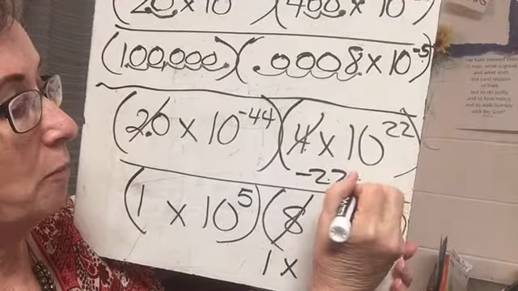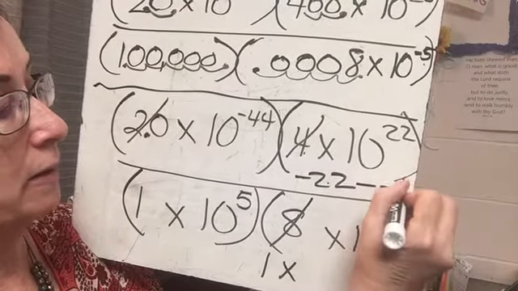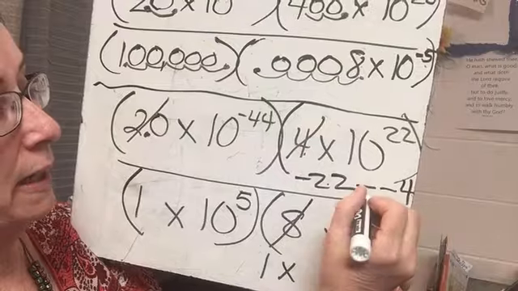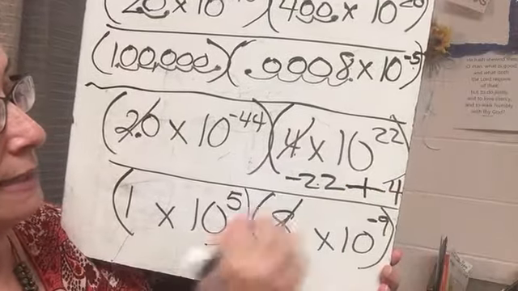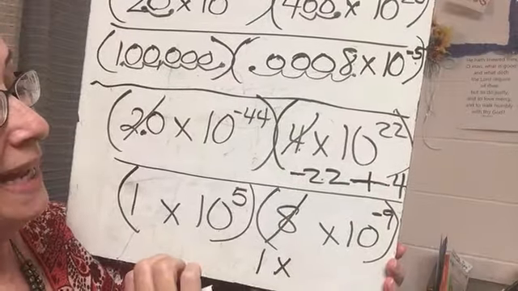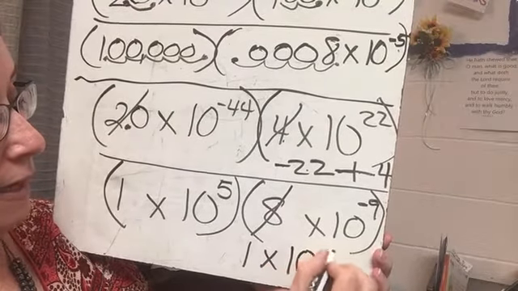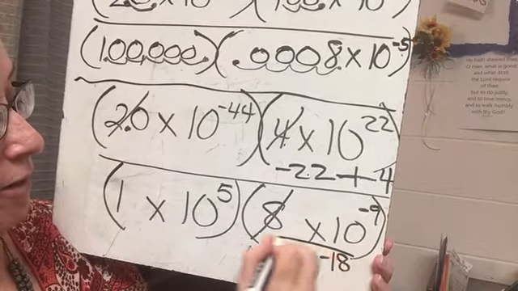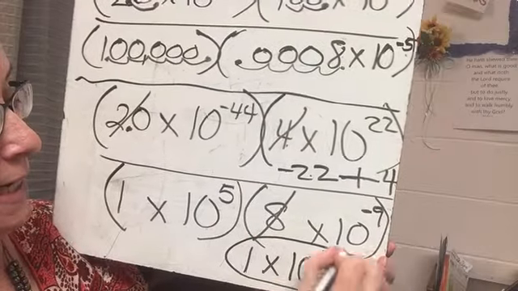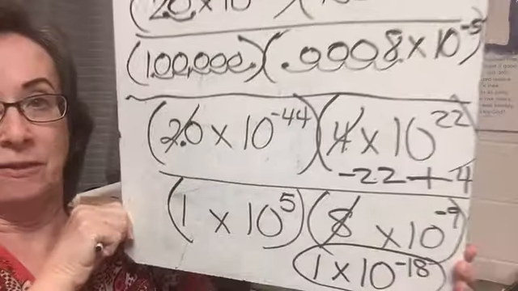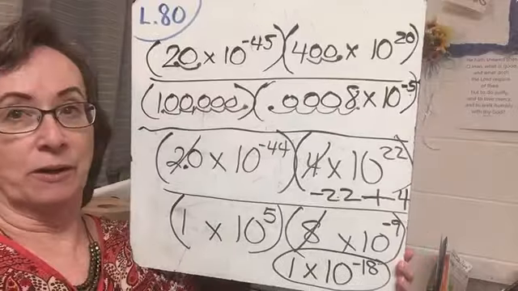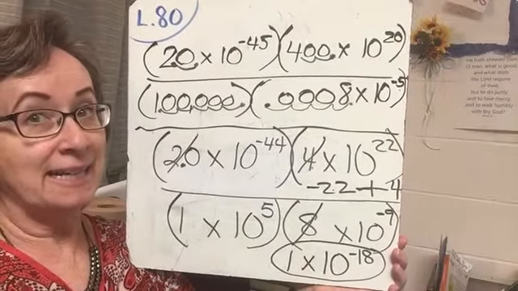Negative 22 minus a negative 4. So the minus minus gets treated like a plus. Negative 22 plus 4 is negative 18. So 10 to the negative 18. What a very, very, very tiny number. Okay, so that is your last example.